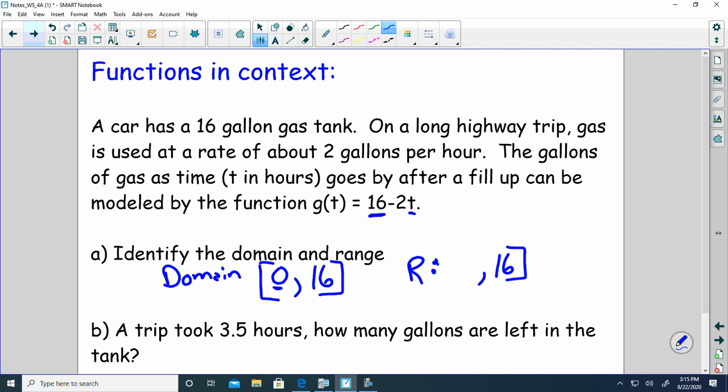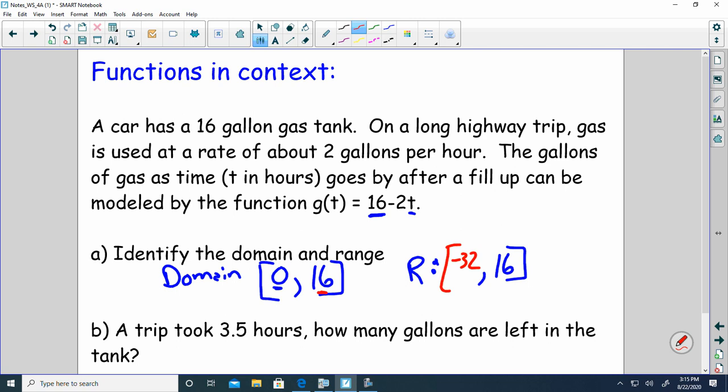And if I plug 16 in for t, you know, I made an error. If I plug 16 in, that's our maximum, or that's what our tank was. If I plug 16 in, it goes all the way down to negative 32. All right, let's just keep that for right now. We'll come back and work that in a little bit.